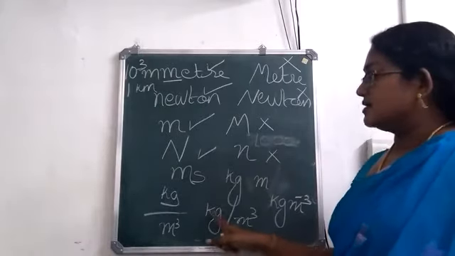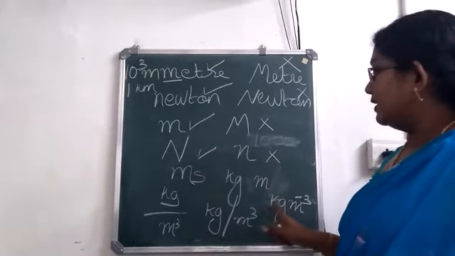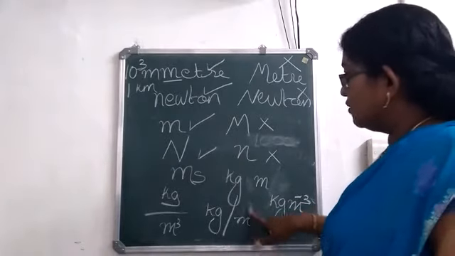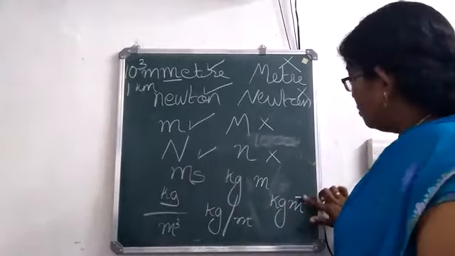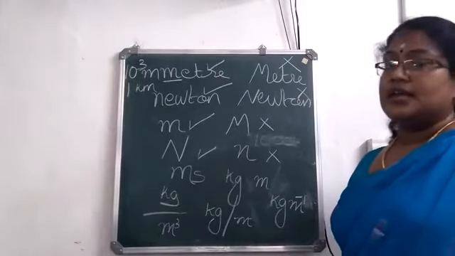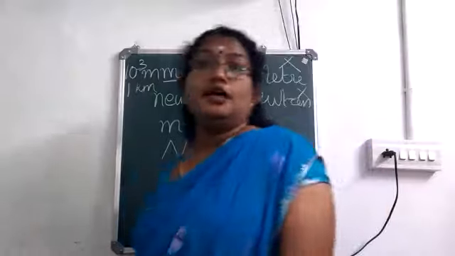Here, since it is kilogram per meter cube, I have written kilogram meter raised to -3. Instead of this, if it is just m, what will I write? m raised to minus 1. This is how we will be writing the unit.